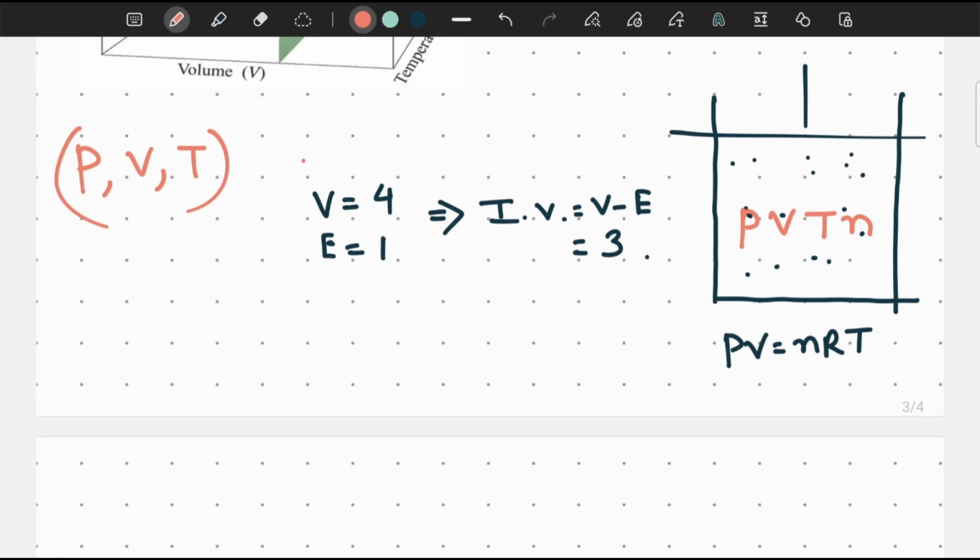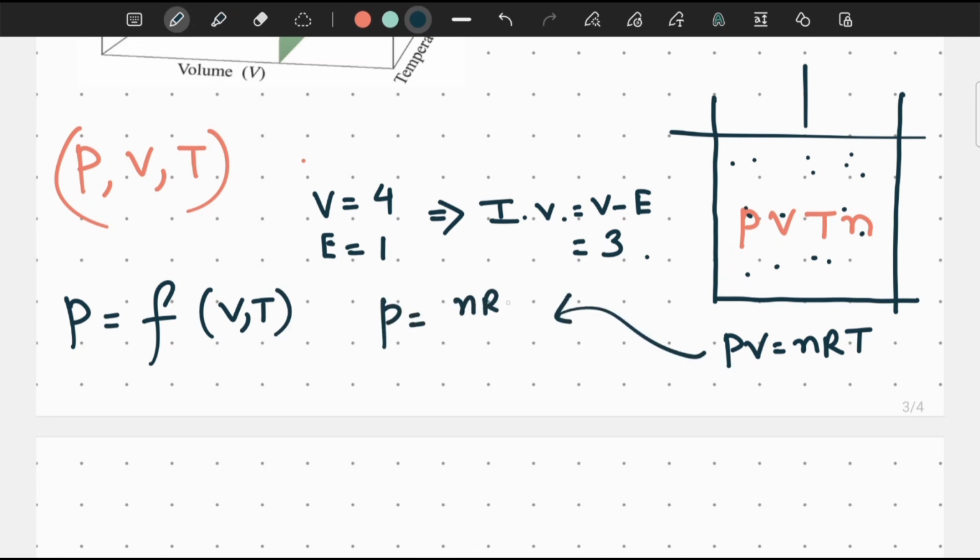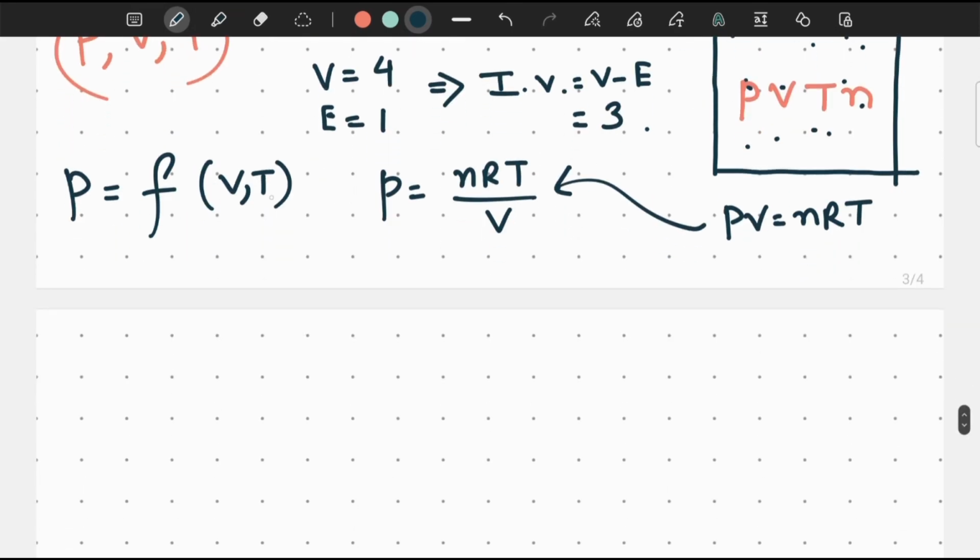In general, we take these 3 as independent variables. So P will be a function of V and T. From here you can write P equals nRT by V. So N is not an independent variable now. Here I am choosing V and T as independent variables of that state.